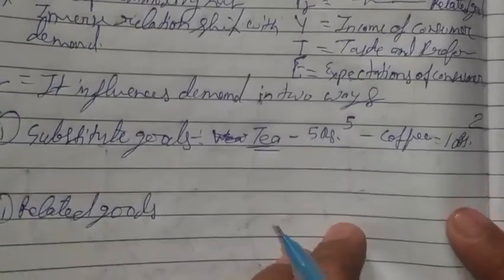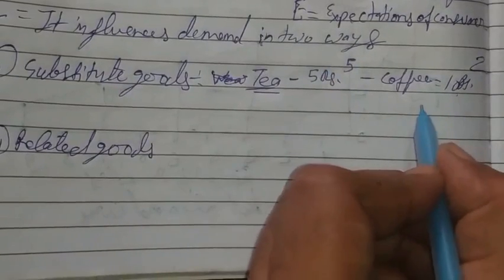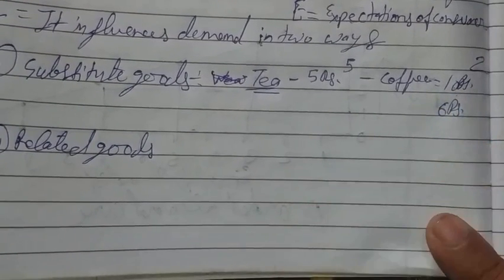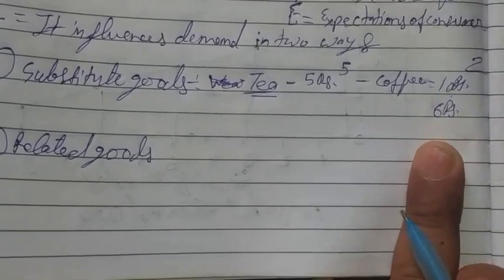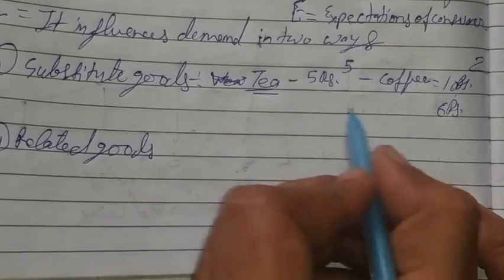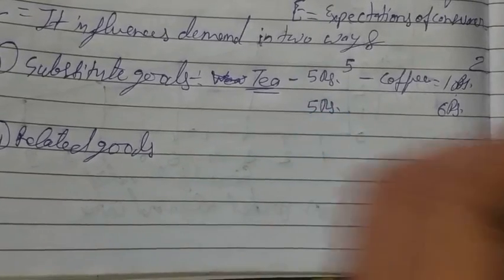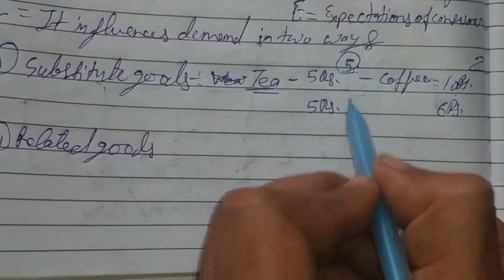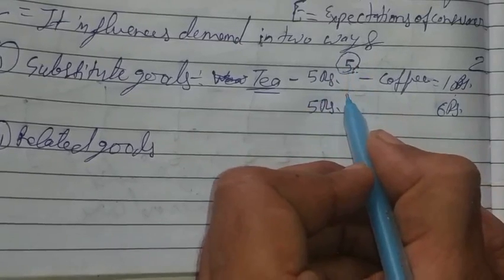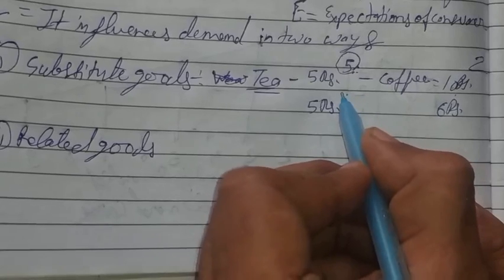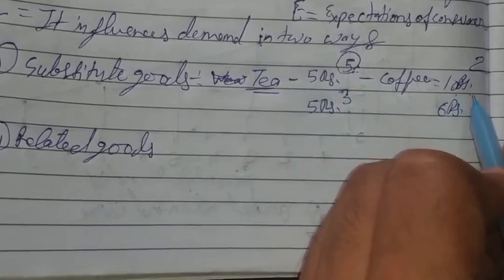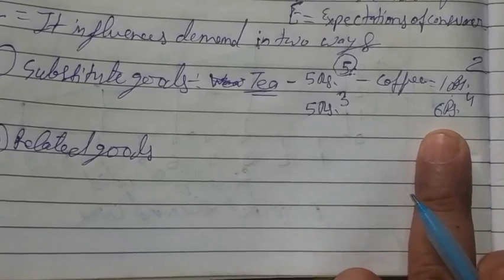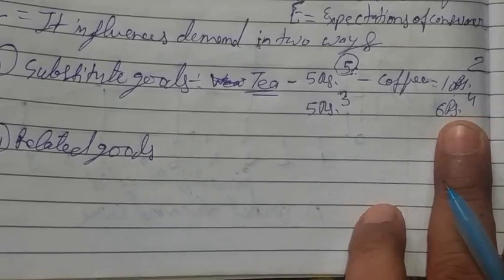Now if the price of coffee falls to 8 rupees or 6 rupees, while tea is 5 rupees, there is a good chance that the demand of tea would go down to 3 or 4 units, and the demand of coffee would increase by the same extent, because coffee is now cheaper than earlier.